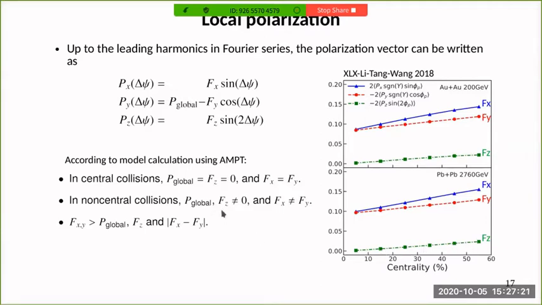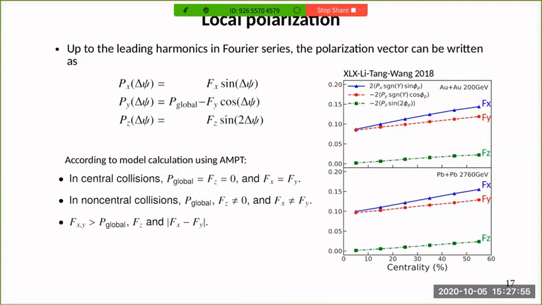And there is a difference between F_x and F_y, but in all the cases, the values of F_x and F_y are much larger than F_z and the difference between F_x and F_y. This is because F_z is generated from v2, which is small, but F_x and F_y are generated from radial flow, which is always large.